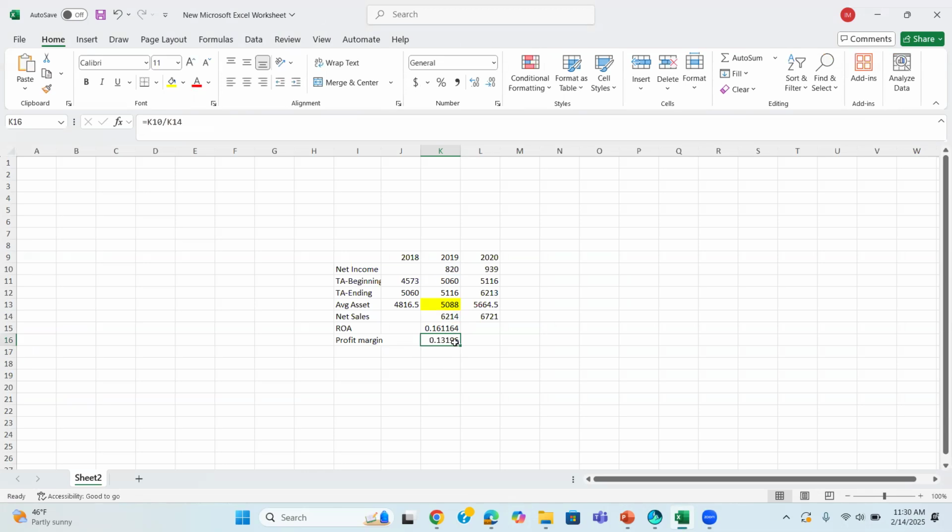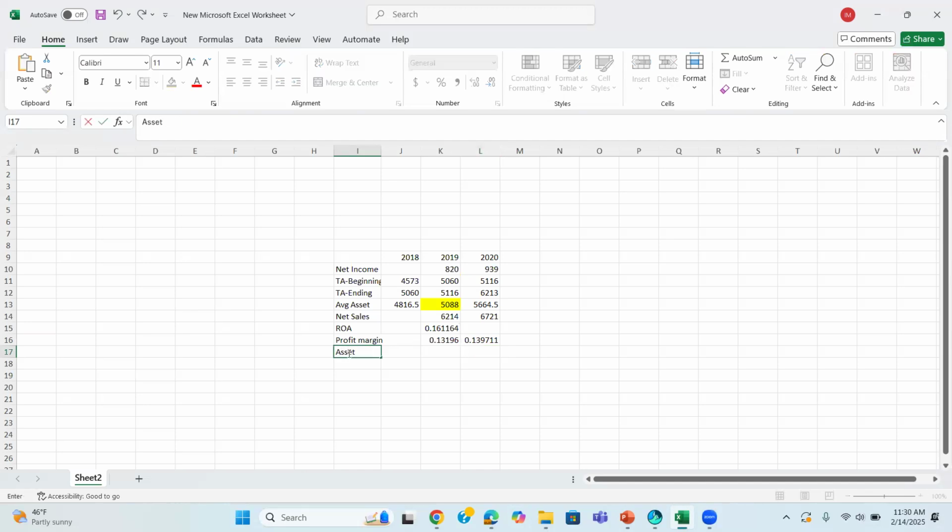So this is our profit margin, and this one is net income over sales. So we have profit margin here.